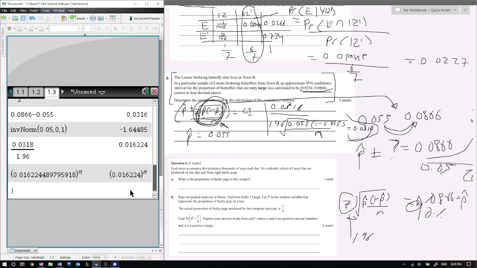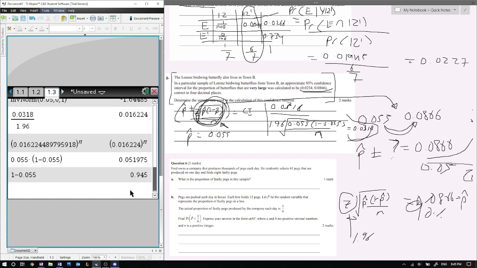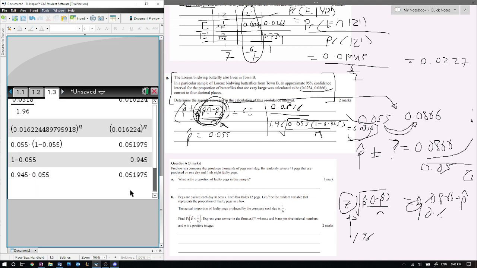Sorry, I've actually done it to the power of n. Obviously you can lay that out step by step so it's less confusing, but I'm just going to do everything now for the sake of being fast. So that's that times 0.055, over n.